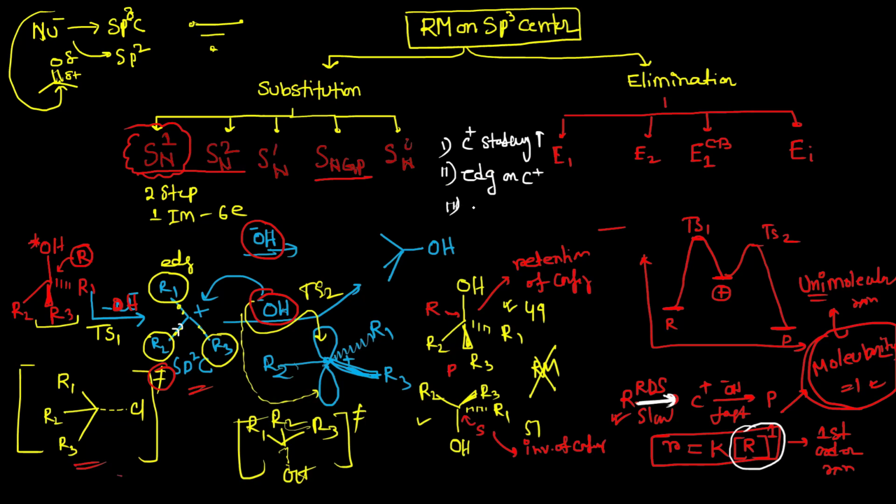Third point is transition state going down. If the transition state is lower, the process will go faster. This is preferred by polar protic solvents. Polar protic solvent will stabilize the carbocation with hydrogen bonds, which decreases the energy of the transition state and favors the reaction. Okay, I hope it's clear now.